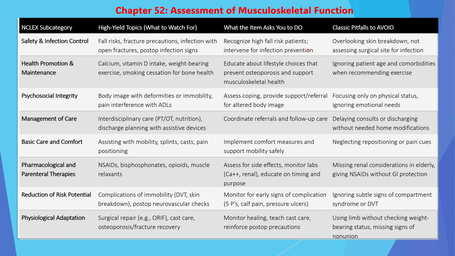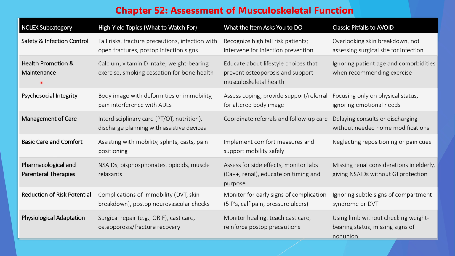So you need, in the case scenario, to make sure which patient is at fall risk, and intervene for infection prevention. Classic pitfalls to avoid in a question: overlooking skin breakdown, not assessing the surgical site for infection.